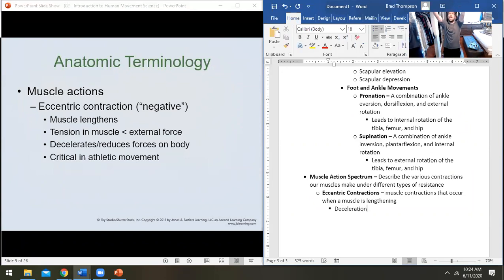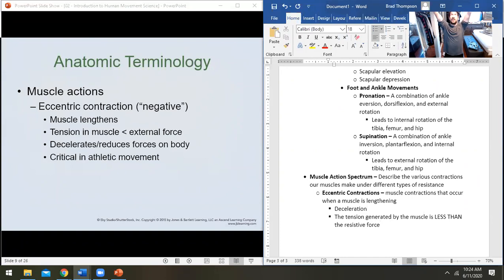If I caught something and descended it down towards the ground, I'm decelerating it, right? It had a lot of speed and I'm slowing it down. That's eccentric, right? That resistance is overcoming me. So the tension generated by the muscle is less than the resistive force.